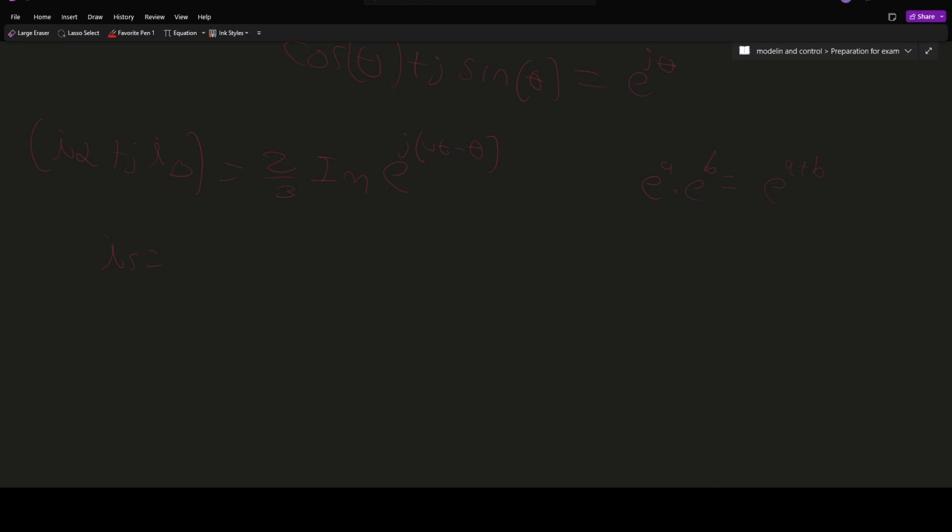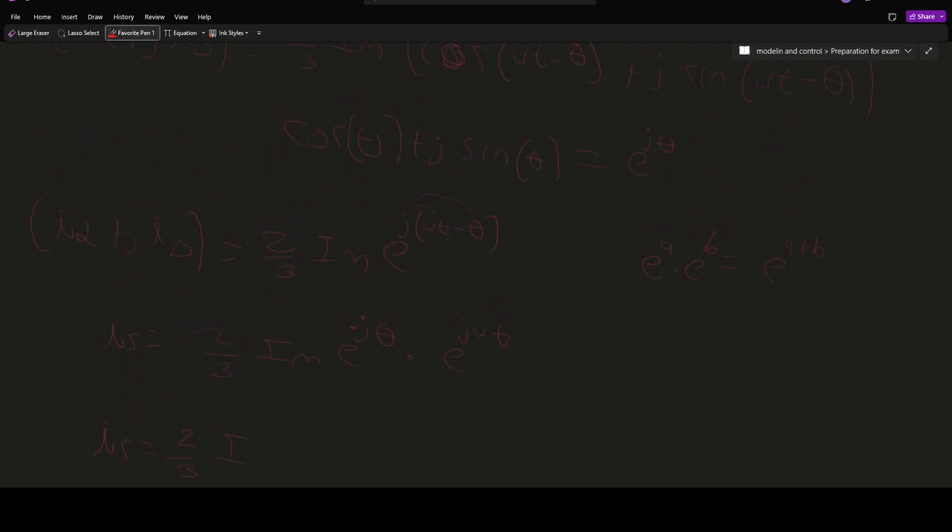We are going to have 2/3 the amplitude times e to the minus j theta times e to the j omega t. Okay, now what is this e to the minus j theta term?